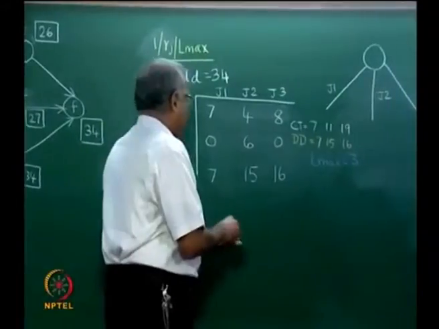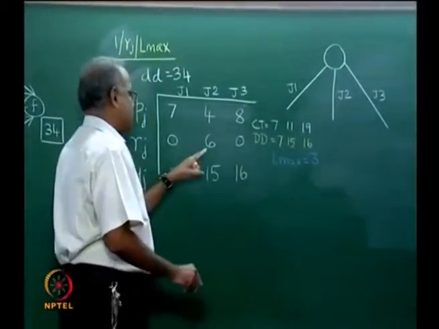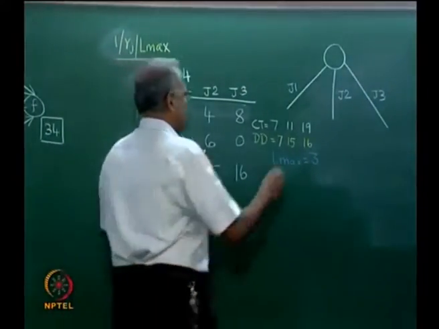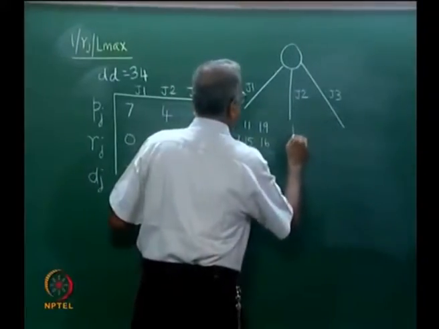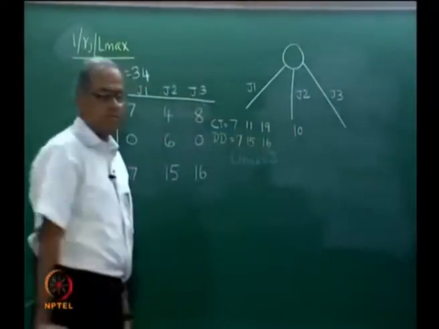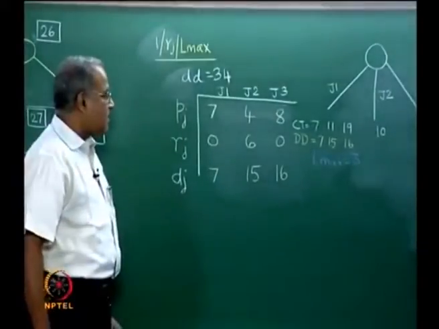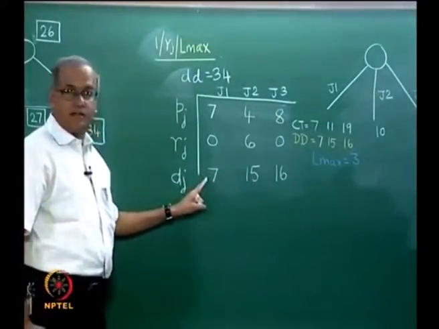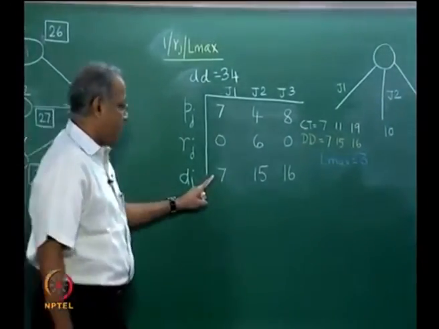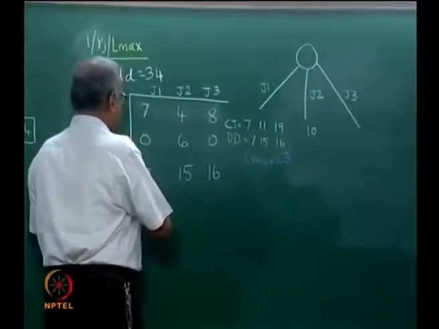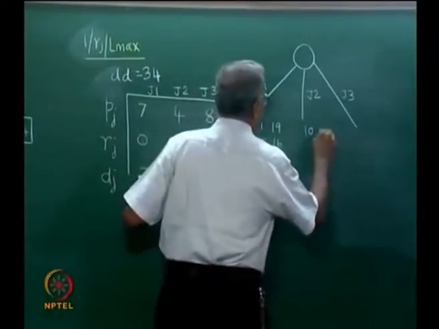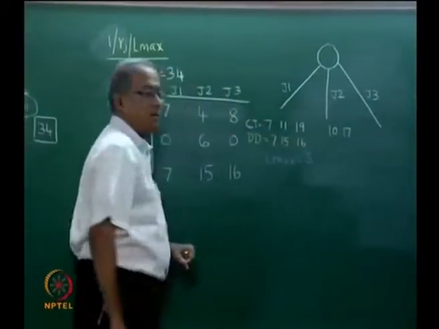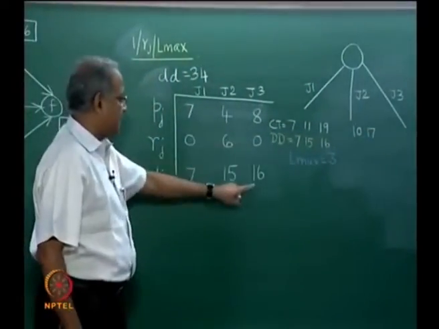Now, with J2 as the first job in the sequence, J2 starts at 6, completion time is 10. Now, going by the due date, J1 comes next. So J1 starts at 10 and finishes at 17, by which time J3 is available.